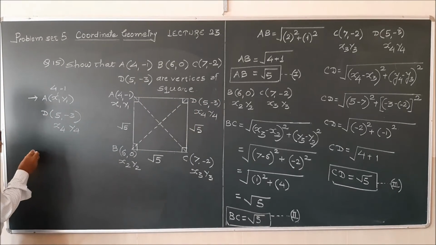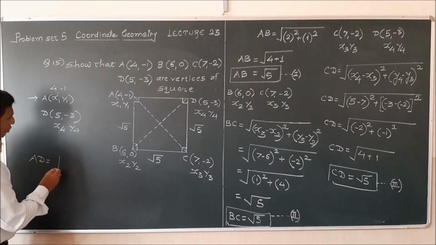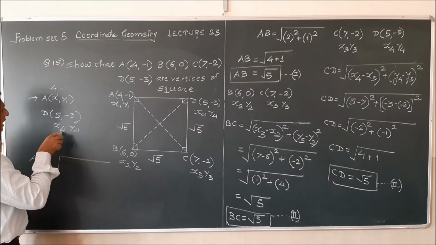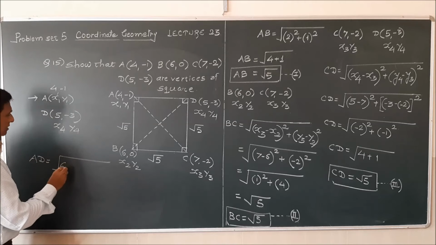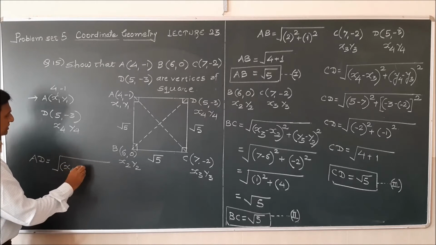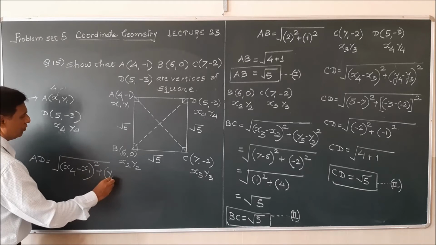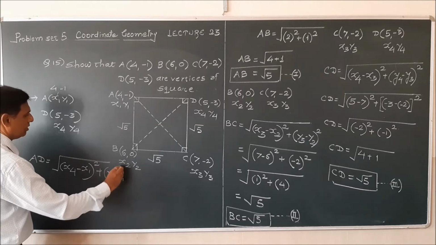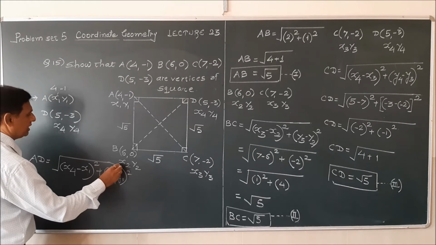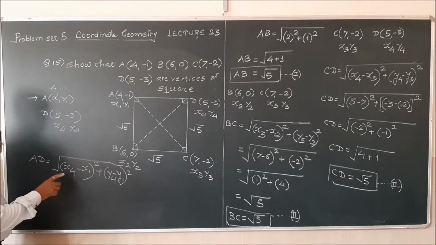So you will find here AD is equal to root of x4 minus x1 the whole square plus y4 minus y1 the whole square. Be careful here.